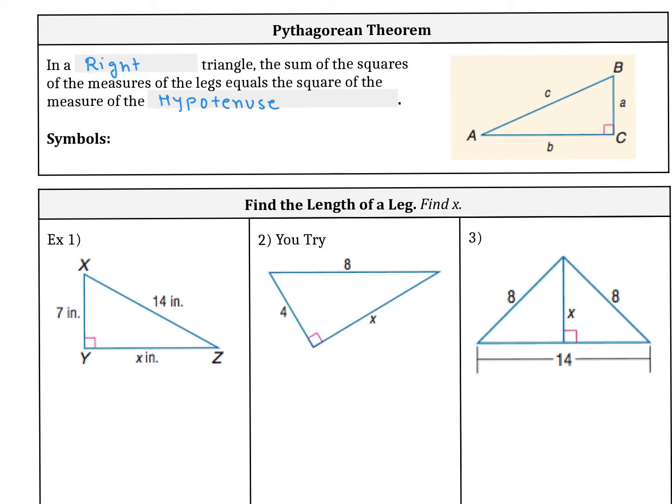So in this case, if you recognize this is going to be your hypotenuse, and the two legs are going to be A and B. If we're talking about the formula, that is the sum of squares of legs, it means A square plus B square. It is going to be equal to C square, which is hypotenuse square.